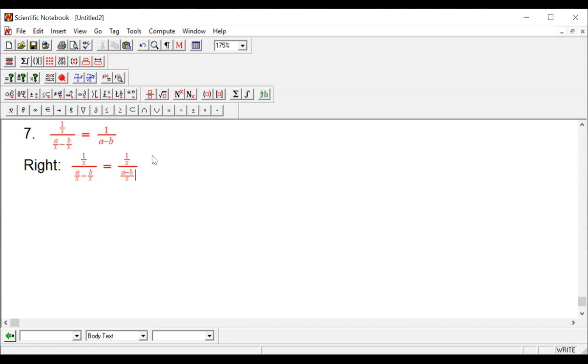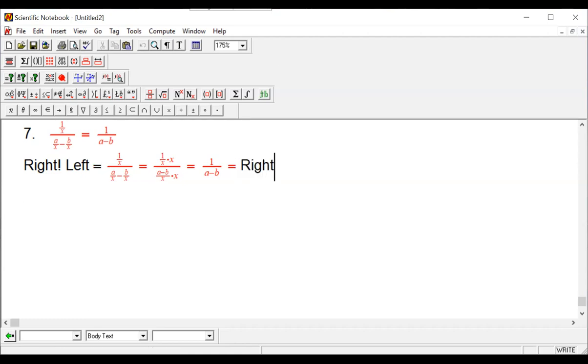We keep the same denominator, and then we multiply the top with x, multiply the bottom with x. Anything times 1 stays the same because x over x is 1. So the top is going to be 1, the bottom is going to be a minus b. So that's how the left is the same as the right. Okay, so this is correct, and the left equals the right.